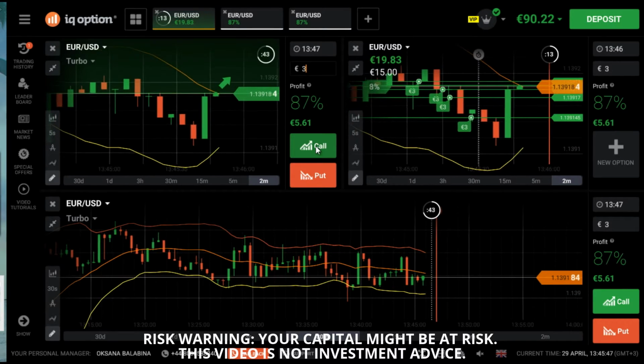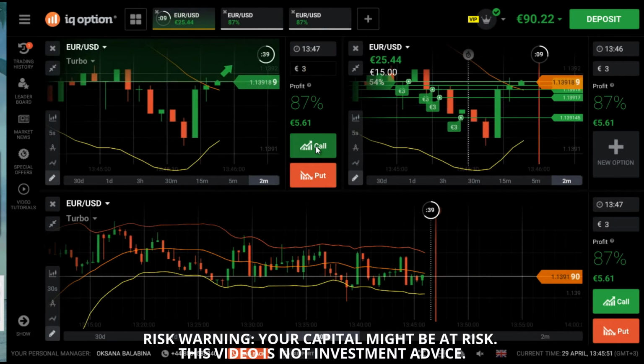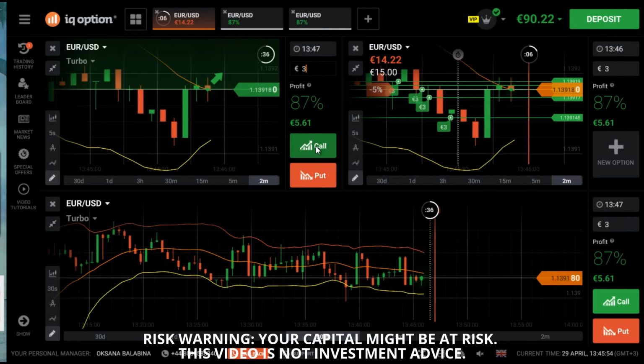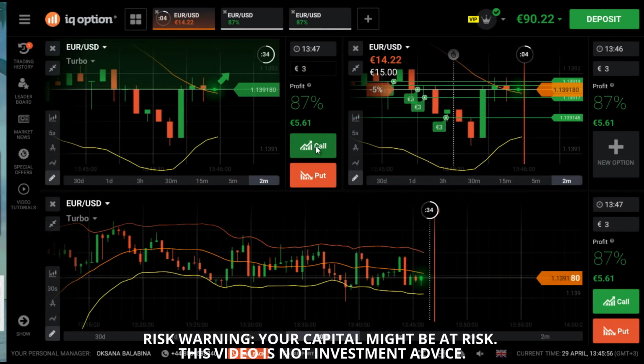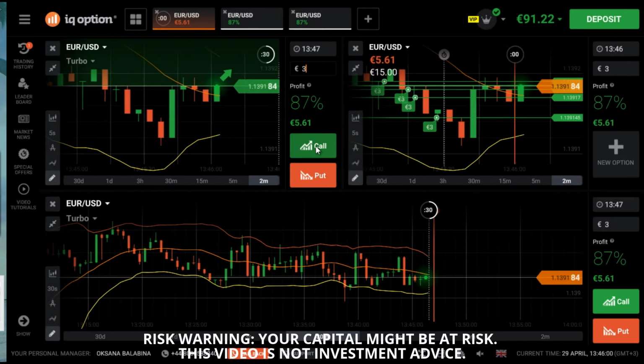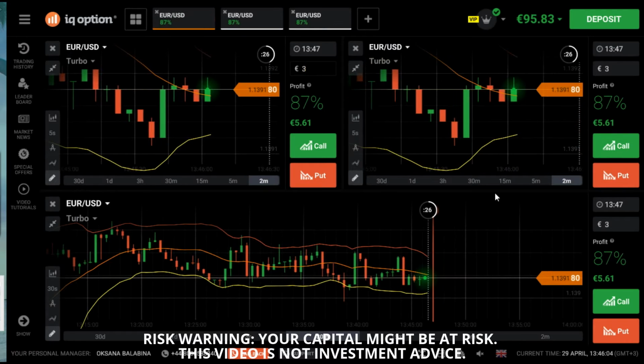And why I have two of the same windows is because it allows me to follow it up. Let's say the left side is a primary trading window, and the right side is a secondary window.